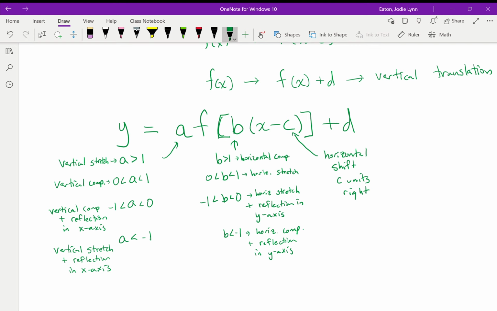If it's x plus something, you're moving left. And here we have a vertical shift of d units up. Similarly, if you are going negative d units up, that means you are going d units down.